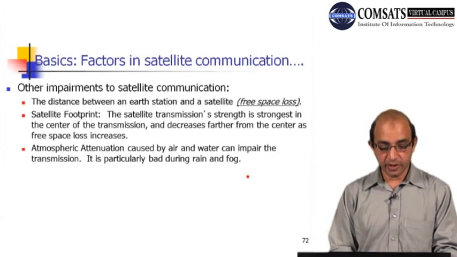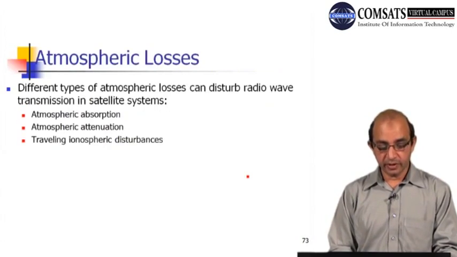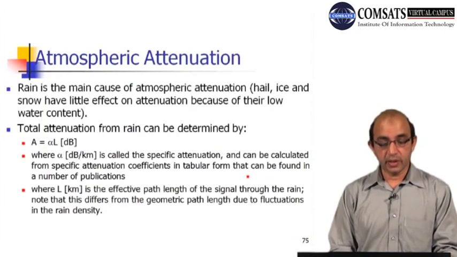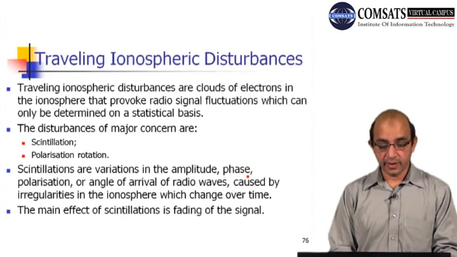So I'm skipping. There are different impairments when we talk about satellite communication: atmospheric loss, absorption and attenuation, and then ionospheric disturbances.